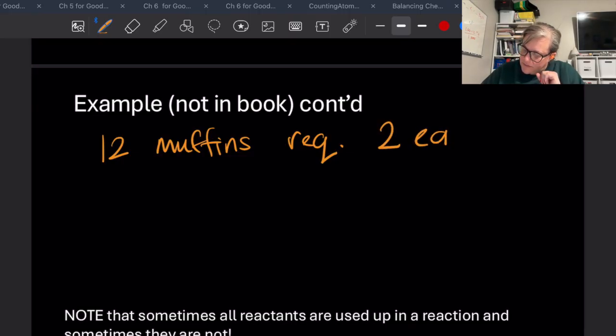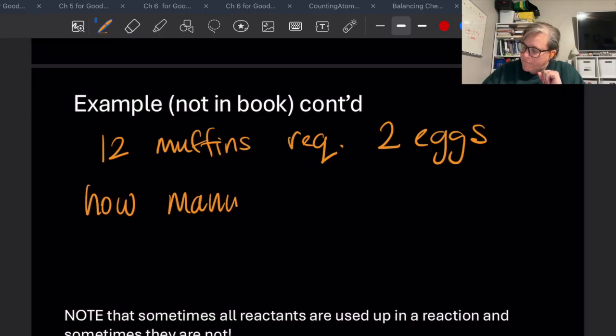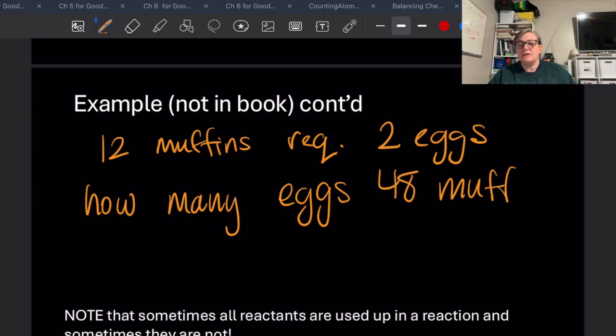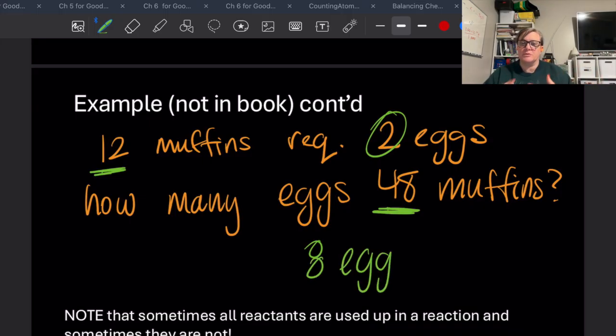How many eggs for 48 muffins? Okay. You probably instinctually know how to do this because you say, okay, well, 12 times 4 is 48. So I'm taking the whole recipe, multiplying it by 4. Therefore, I need 8 eggs. Yeah, that's the same thing we're doing, except we're dealing with moles. Okay? So don't let the fact that we're dealing with moles and something you can't actually see throw you off.